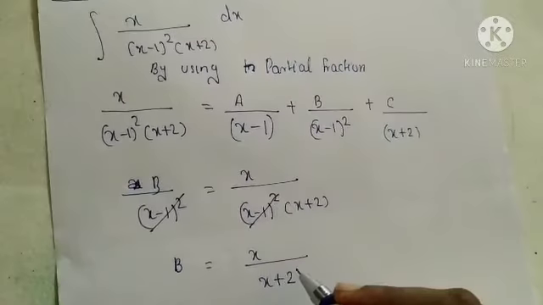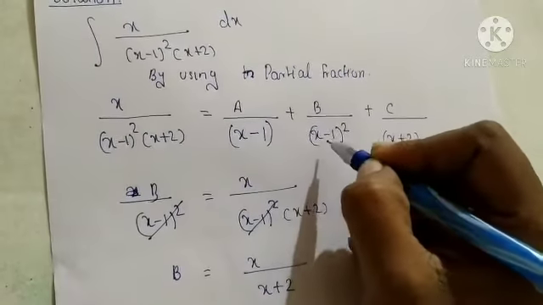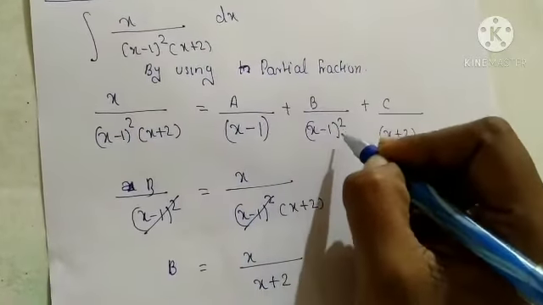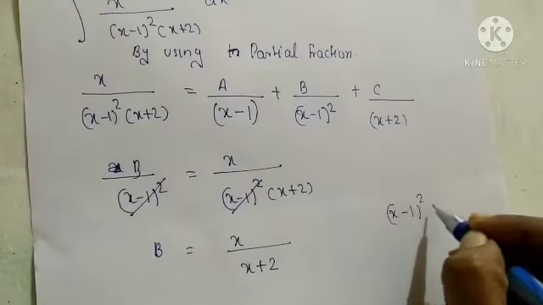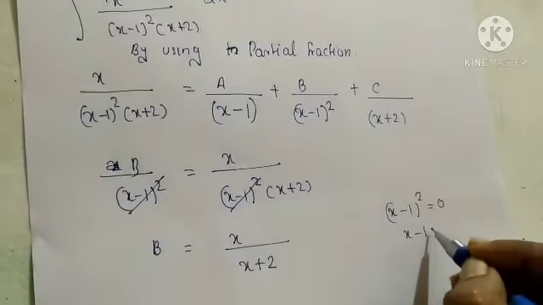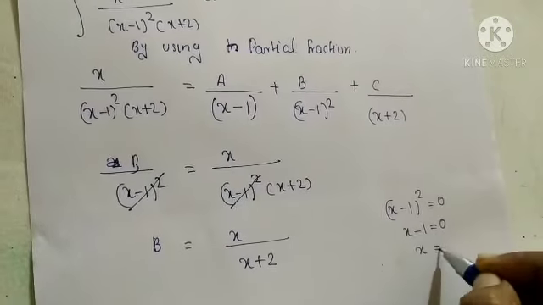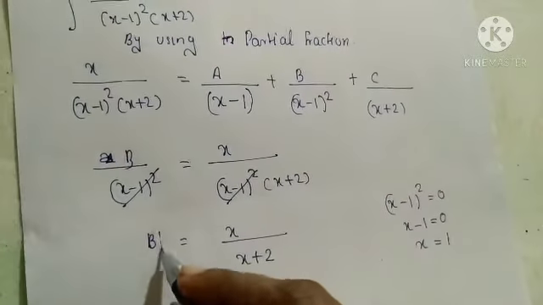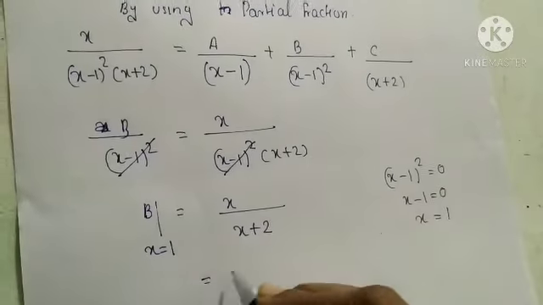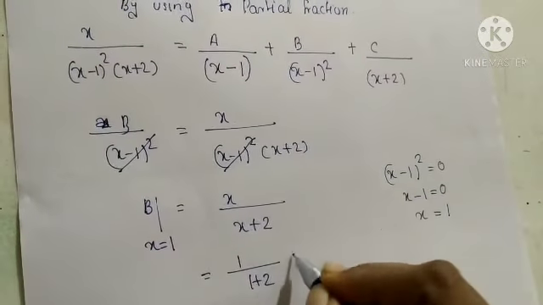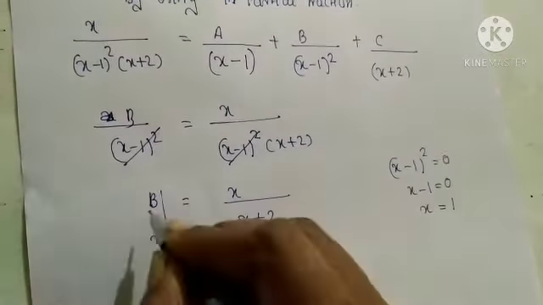Next, we need to find out the value of x at which the denominator of b becomes 0. That is, put x minus 1 whole square equal to 0. From this, we get x minus 1 equal to 0 or x equal to 1. So, substitute x equal to 1 in b. Here we get 1 divided by 1 plus 2, that is 1 by 3 is the value of b.